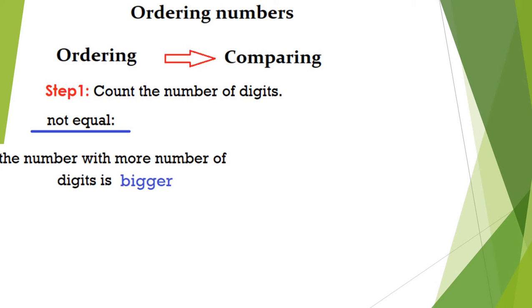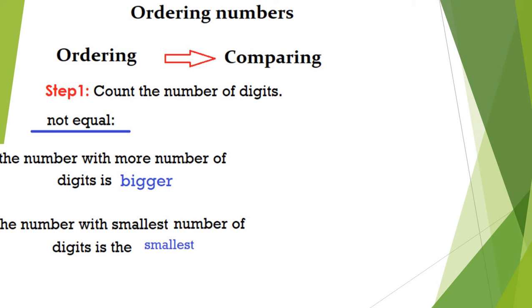If the numbers that we need to order do not have the same number of digits, there is no need to compare. We just know that the number with more digits is bigger than the other numbers. The number with the smallest number of digits should be the smallest.